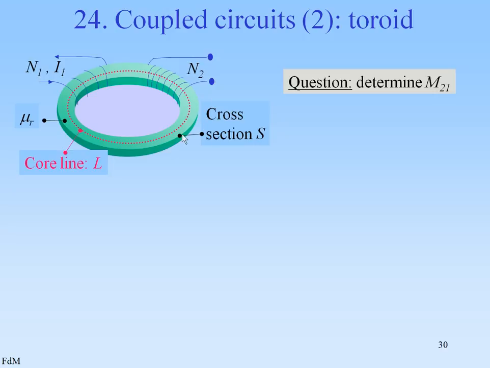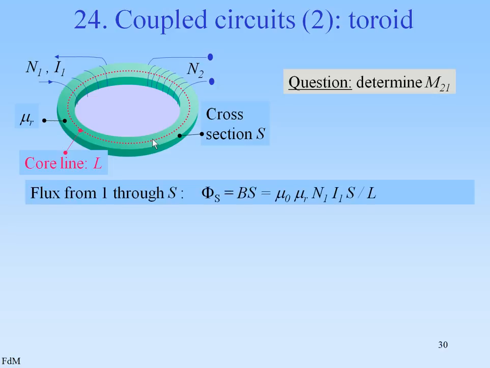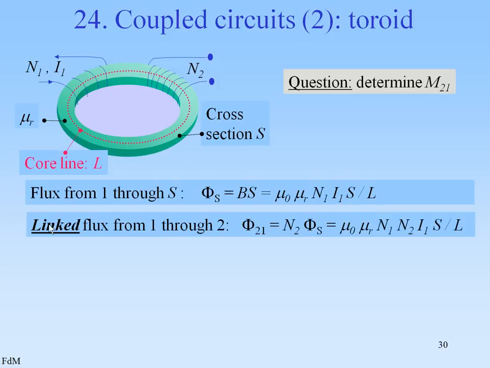This is cross-section S, and we have a core line, average line here, and the flux from 1 through S will be, Φ S is B times S is μ0 μR N1 I1 S over L. Now, the linked flux from 1 through 2 is N2 times that flux Φ S, as is given here, N1 and N2.